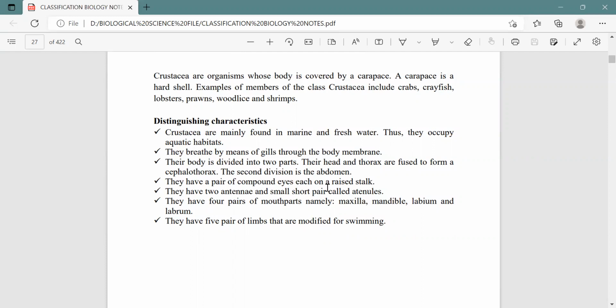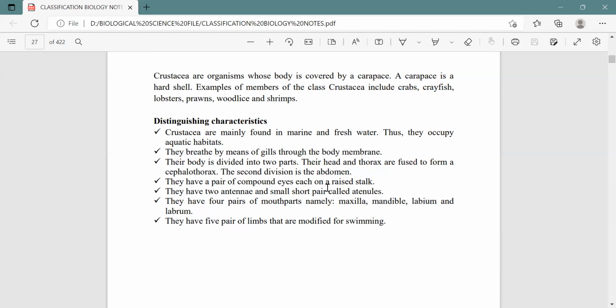You'll find in all crustaceans, the head and thorax are fused to form the cephalothorax. The second body division is called the abdomen. So unlike the insects, which have a head, a thorax, abdomen, in the crustaceans, the head is fused with the thorax to form a cephalothorax, and the second division is the abdomen.